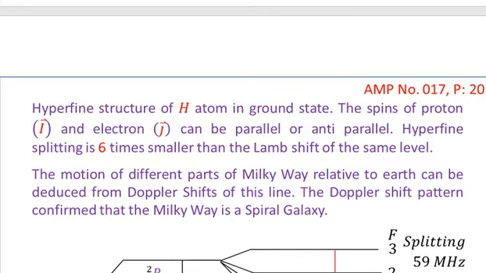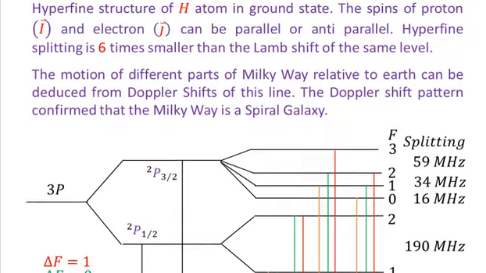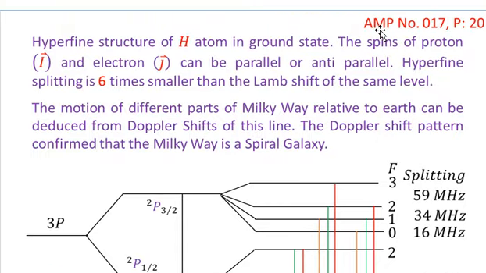Now you see that next I am going to discuss. Before I finish the case of hydrogen atom, I wanted to give one comment over here. The motion of different parts of the Milky Way galaxy relative to the Earth can be deduced from the Doppler shift of this line. The Doppler shift pattern confirmed that the Milky Way is a spiral galaxy.